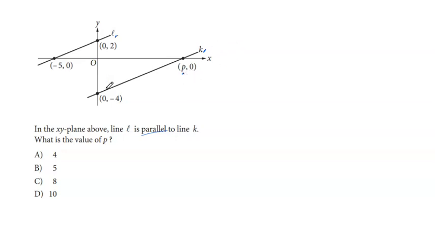So here, because it says they are parallel, we just have to find the slope. The slopes should be the same, should be equal. So the slope of L should be equal to the slope of K. So if I write ML should be the same as MK, right? So let's find the slope of L, right? With the slope, we just subtract one coordinate from the other.